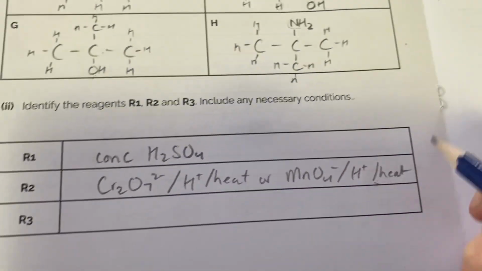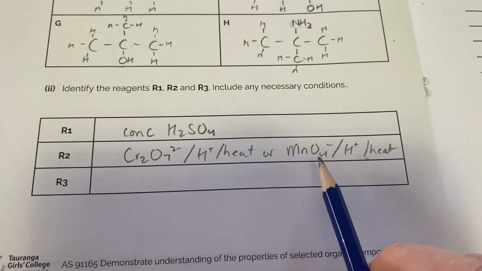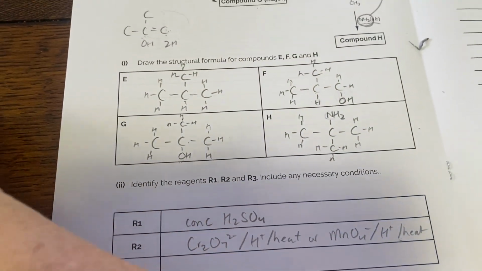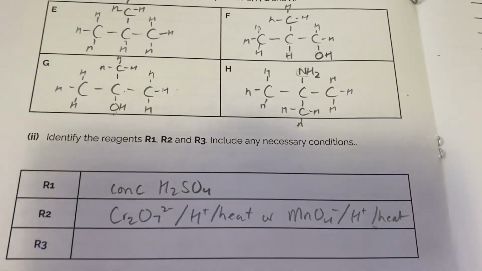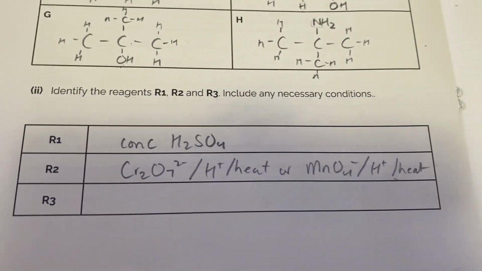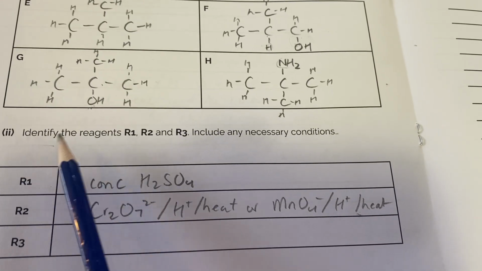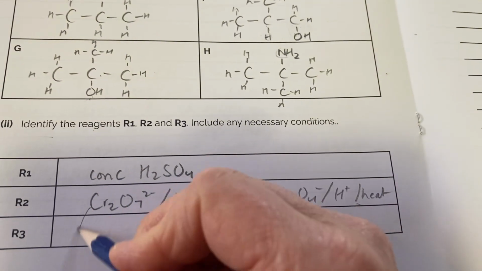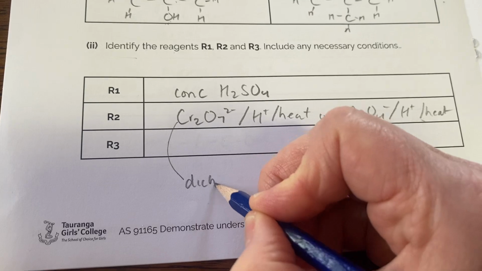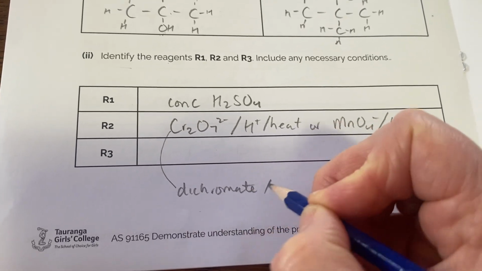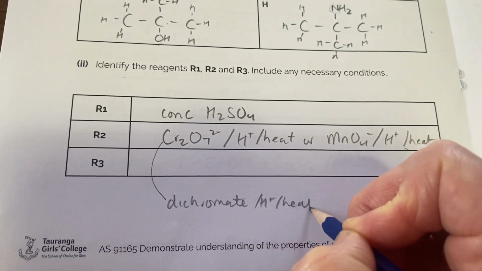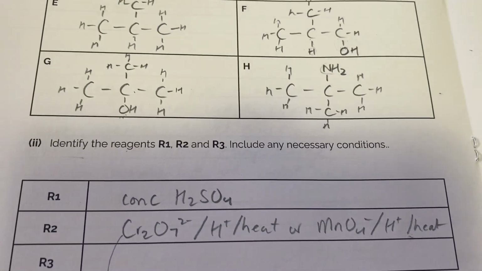And if you're not very good at remembering the formulas right now, if you haven't done redox yet, which we haven't, then my suggestion is that you can just write dichromate or permanganate. That's fine too. They haven't said the structures of the reagents. So if I were just to write dichromate H+ heat, that would be okay too, because you don't want to get the formula wrong.